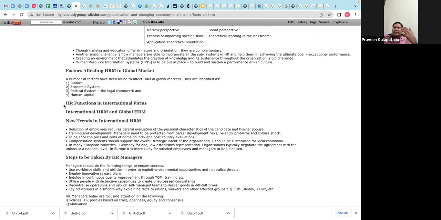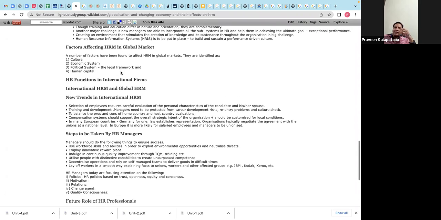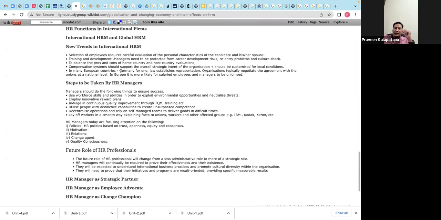So basically, those are the legal frameworks which are available, and HRM would be affected because of that. Human capital, the nature of people that are available, would also affect this. Okay, so that concludes training and development, and also the factors that are affecting HRM in the global market.